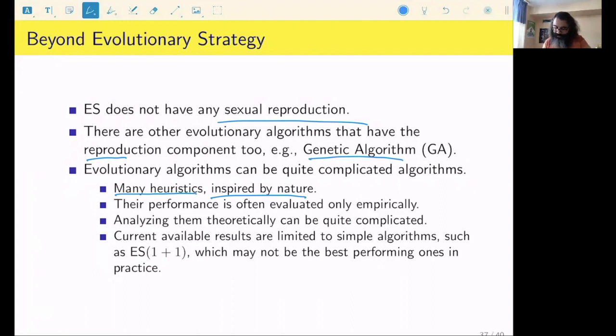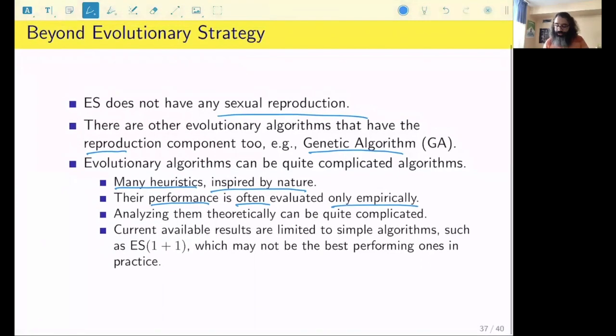The performance is often evaluated only empirically, and analyzing them theoretically is usually very difficult, not because people don't want to analyze them. More recently, people have become more interested in understanding them theoretically, but it is still a difficult problem.